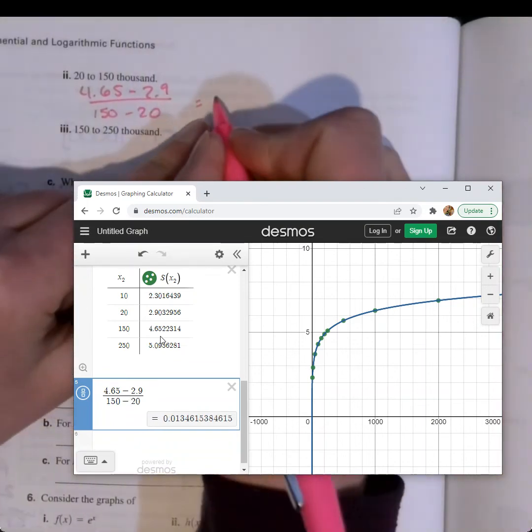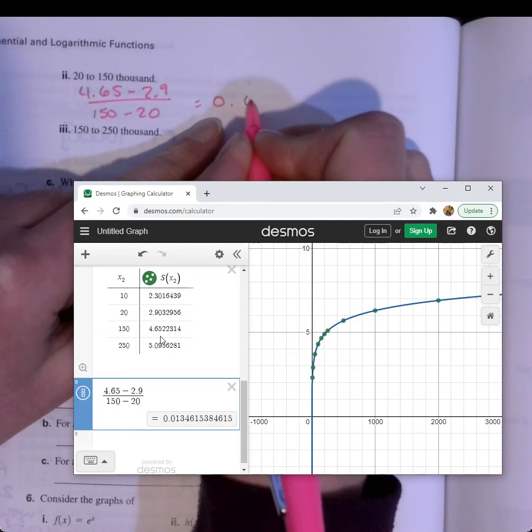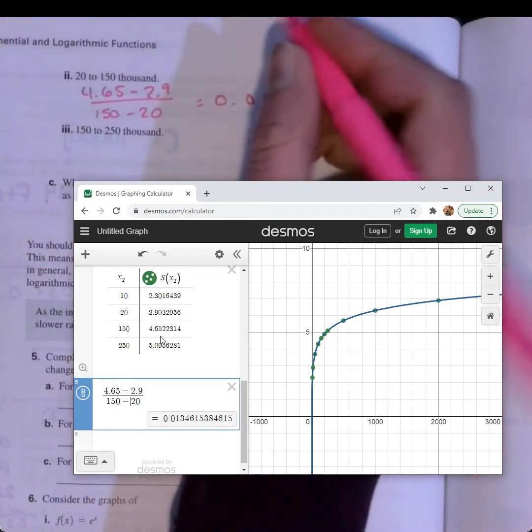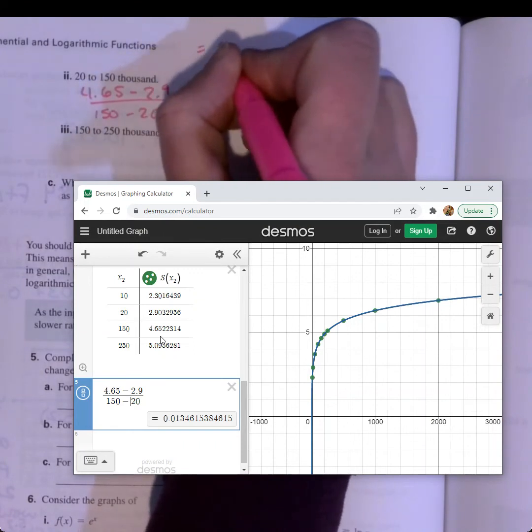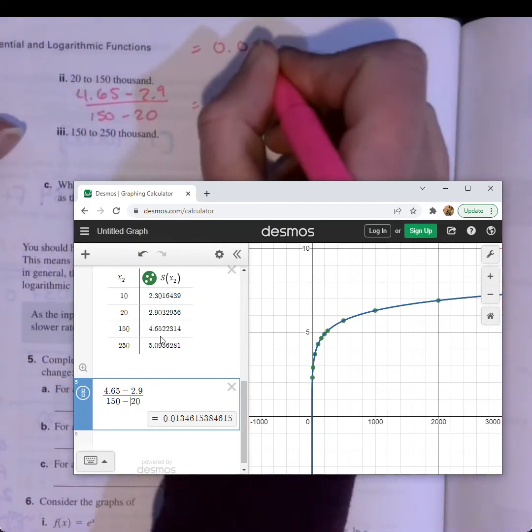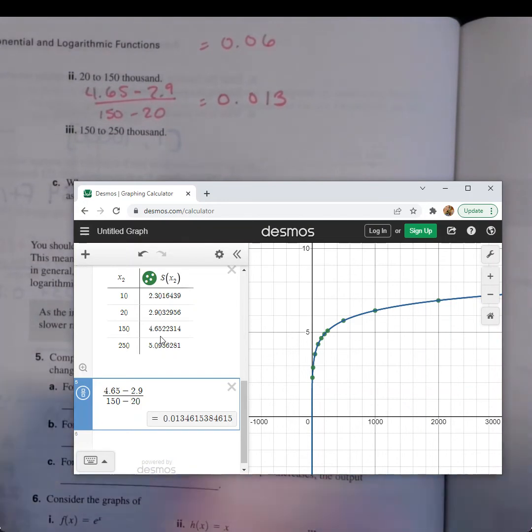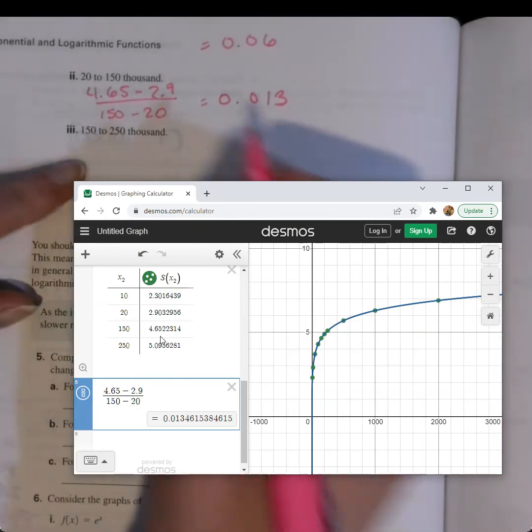So we have 0.013, and before, from the previous one, it was 0.06. Now we're at 0.013. And we get to do it again for the 150 to 250,000.